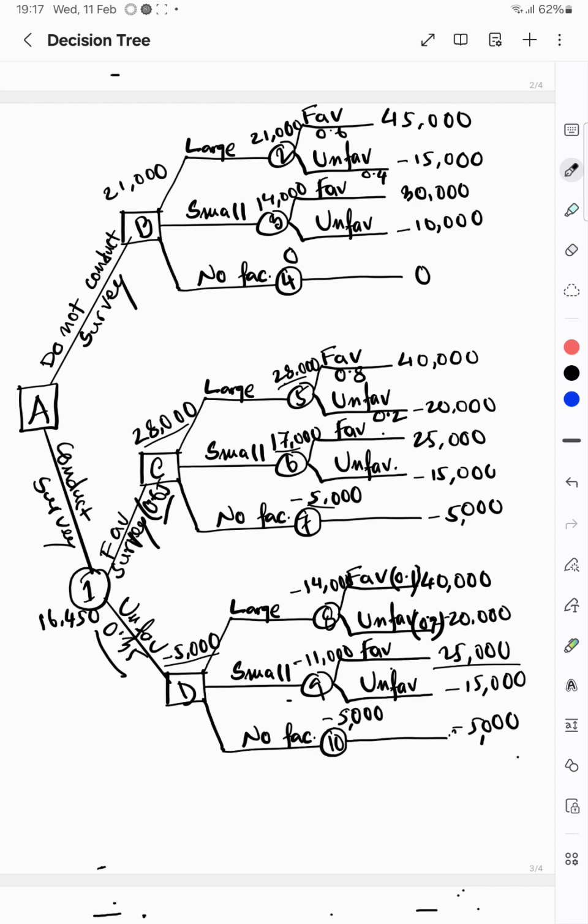For this one, the first option is do not conduct survey. The second option is conduct survey. If you conduct survey, the expected monetary value or EMV is 16,450. If you do not conduct survey, the EMV is 21,000. So which one will you choose? Anyone will choose 21,000 because it's giving better benefit.